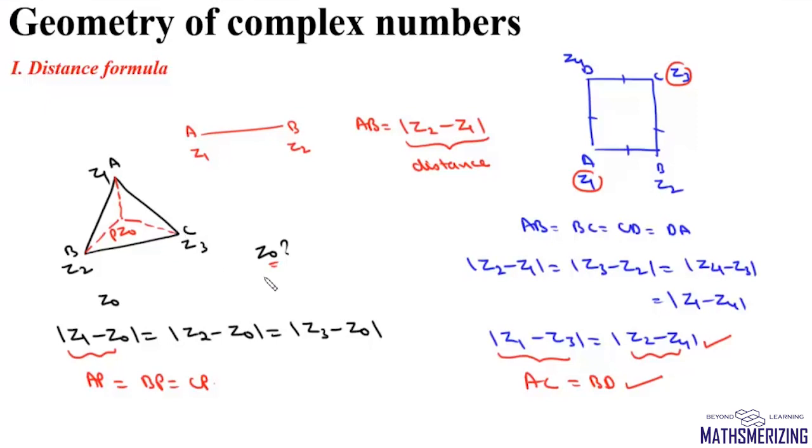That simply means this Z0 is nothing but the circumcenter. So this Z0 or this point P is the circumcenter of triangle ABC. So any and every distance in complex numbers will be represented by some modulus.